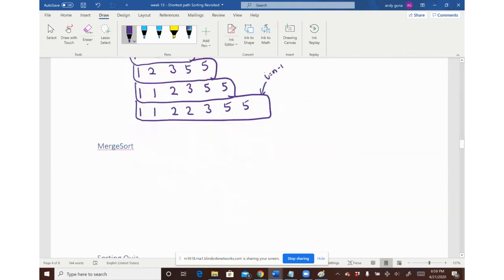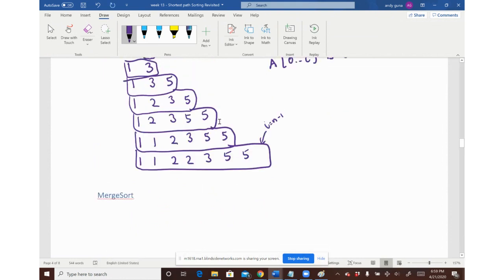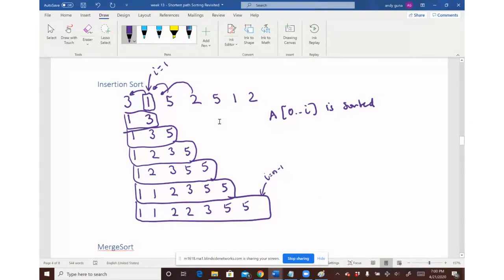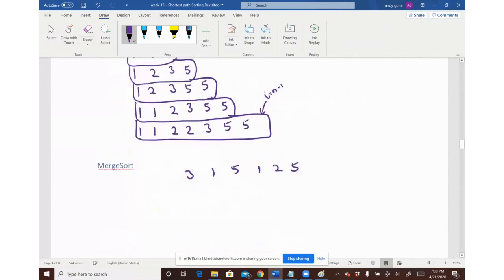The merge sort, on the other hand, is another type of algorithm. So let's take this array, 3, 1, 5, 2, 5, 1, 2.